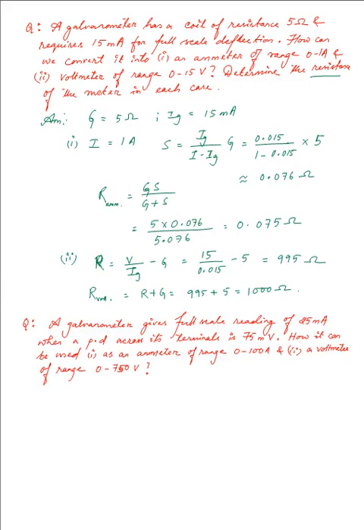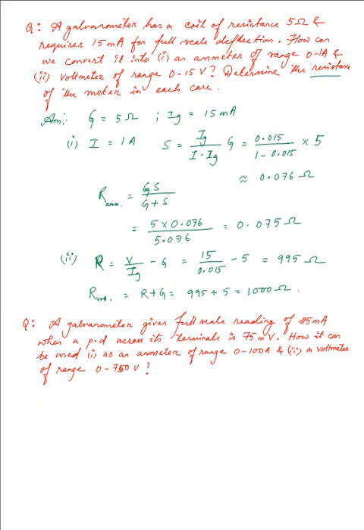So what does the second one say? It says that a galvanometer gives a full scale deflection or reading of 25 milliamperes when a potential difference across its terminals is 75 millivolts. So here we have the potential difference which results in that full-scale deflection. Remember in the previous theory, I had mentioned a full-scale deflection of about 1 milliampere for 20 millivolts or something like that.